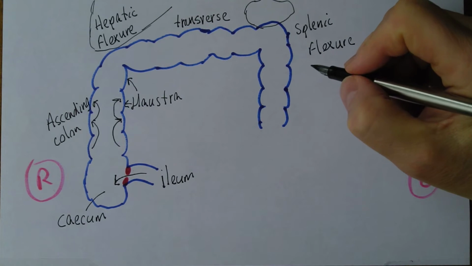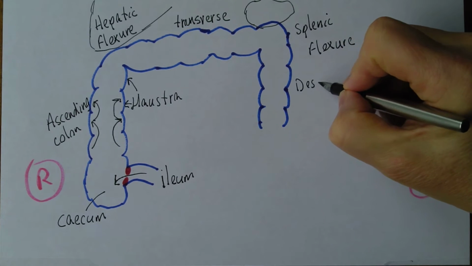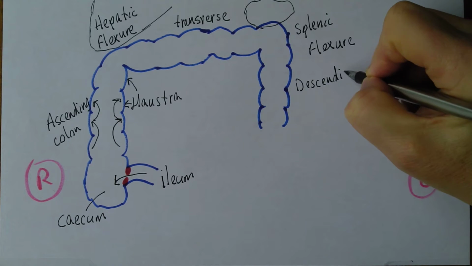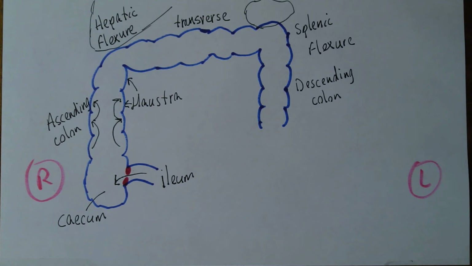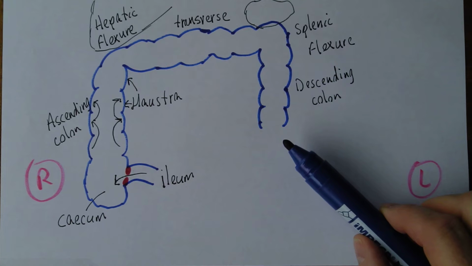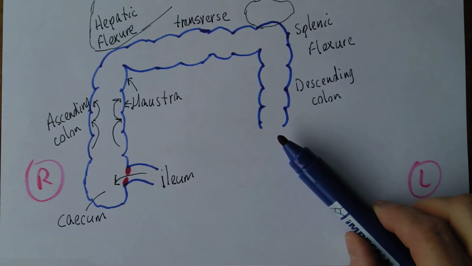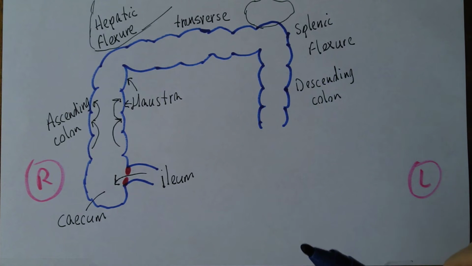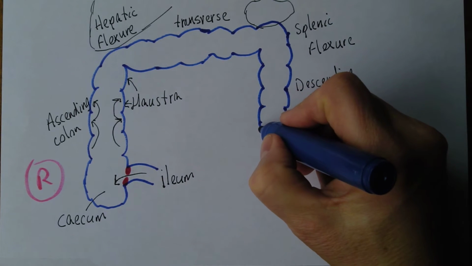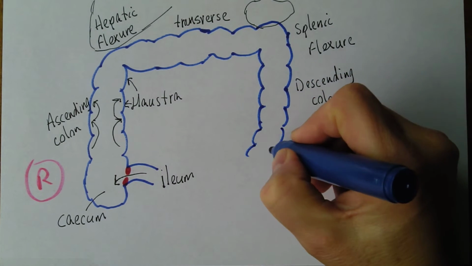And then as it goes down, this is the descending colon. And it goes down to round about the level of the top of your hip bone, your iliac crest. And when it gets to that level, I think you can see, to go from the left side, we've got to go towards the midline now, and we've got to go back to get to the rectum.